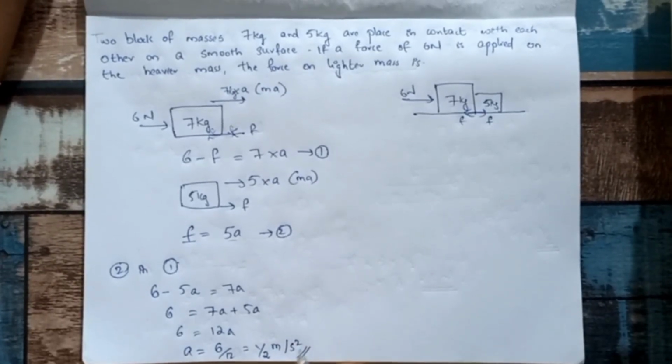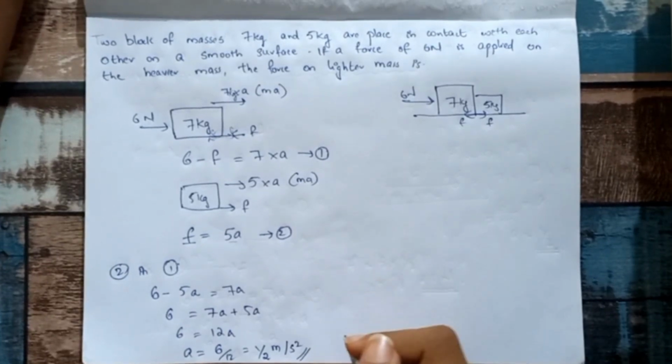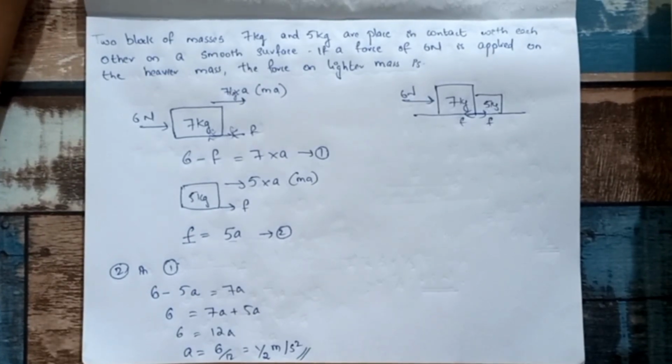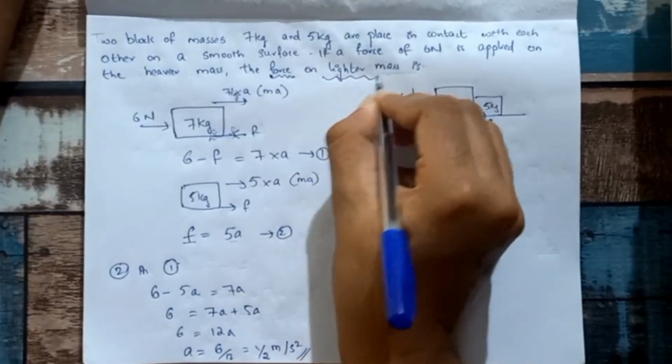Always do not forget to put units, because these units carry great marks, and when you don't put these units, you're going to lose half a mark, where half a mark is quite important. So a is equal to half meter per second square. We got this. Now the question asks to find the force on the lighter mass.